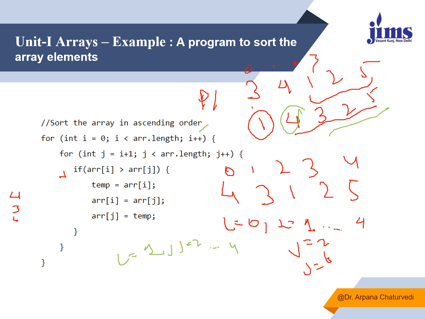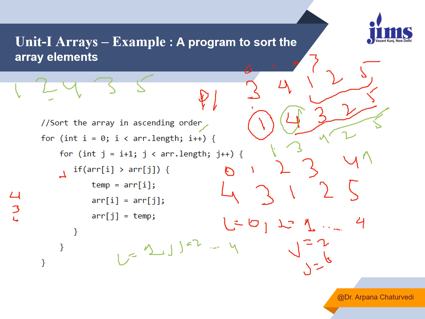So it will become 1, 3, 4, 2, 5. Again j gets increased. Now j becomes 3. 3 is compared with 2. Yes, 3 is greater than 2. So now it becomes 1, 2, 4, 3, 5.